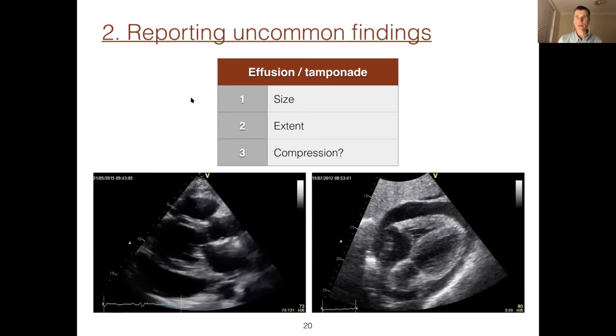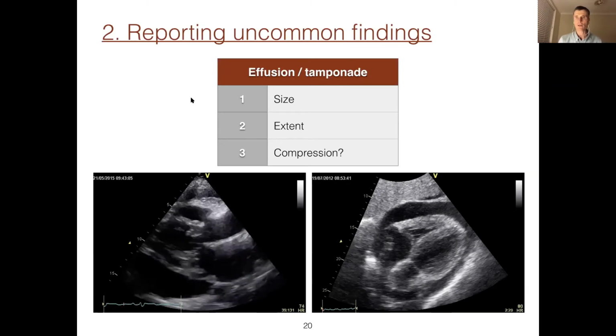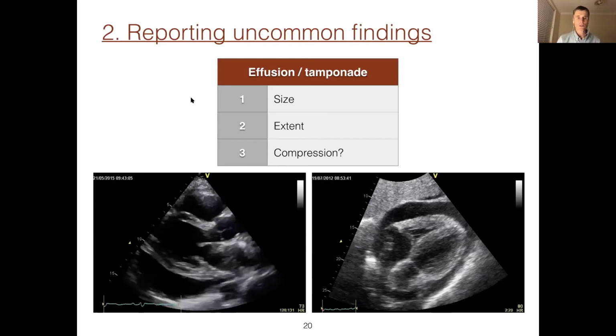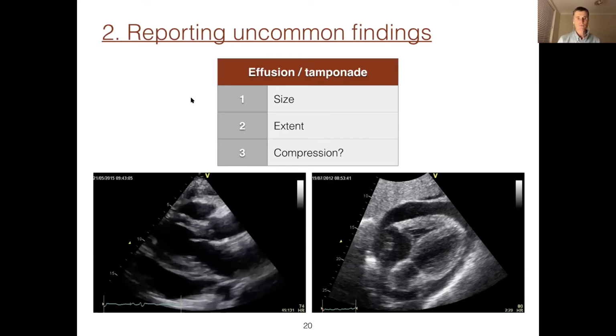So whether that's at the lateral wall of the LV or the free wall of the RV or at the apex, you want to keep it at right angles to the line of the tissue.